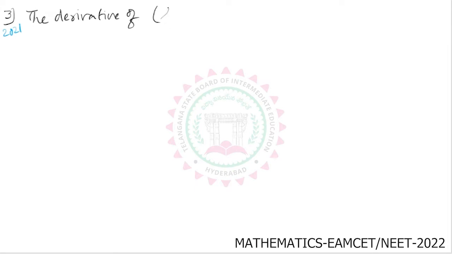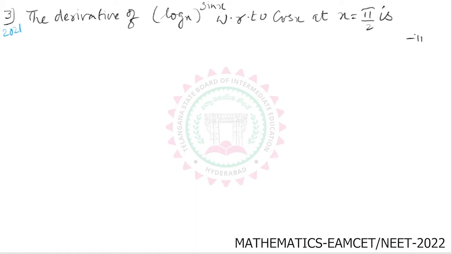The derivative of log x whole power of sin x with respect to cos x at x is equal to pi by 2 is, the options are minus pi by 4, minus pi by 2, minus 2 by pi, and minus pi by 4.